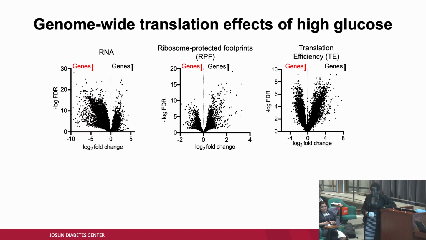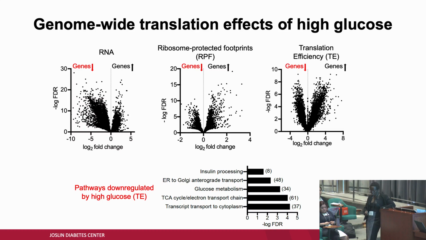So glucose has effects across the board. On the x-axis here is the fold change, and on the y-axis is the negative log of FDR. On the left, you have genes that are downregulated by high glucose, and on the right, genes that are upregulated by high glucose. I'm most interested in genes for which translation efficiency changes, because I'm looking at regulation at the translation level.